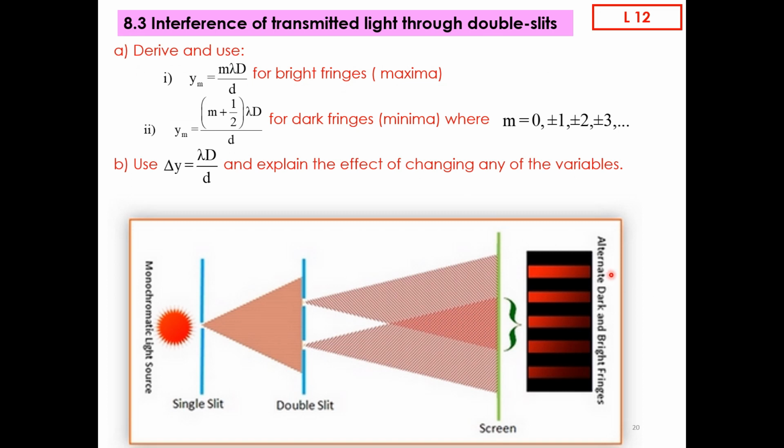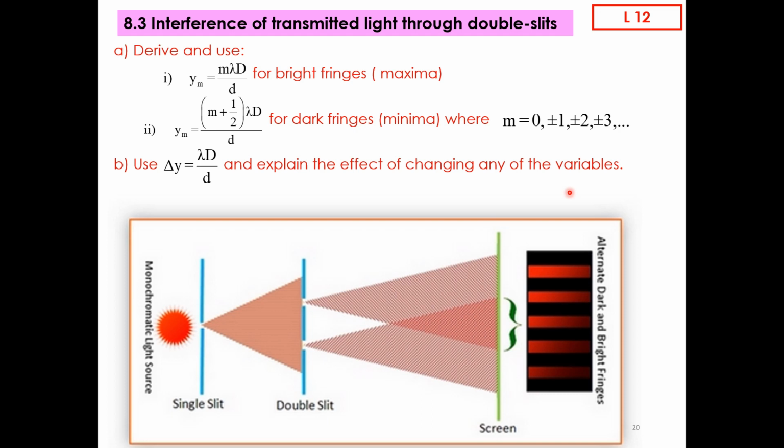Next, we go to 8.3, interference of the transmitted light through the double slit. We have two learning outcomes here. A, derive and use Ym equals m lambda D over d for the bright fringe, or we call maxima.